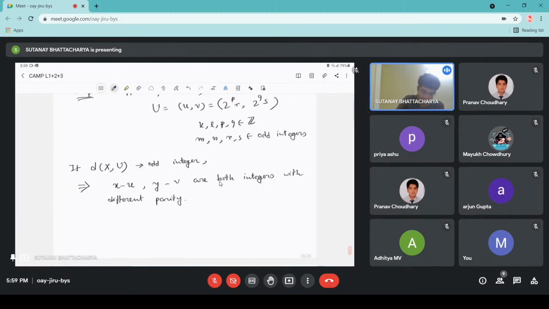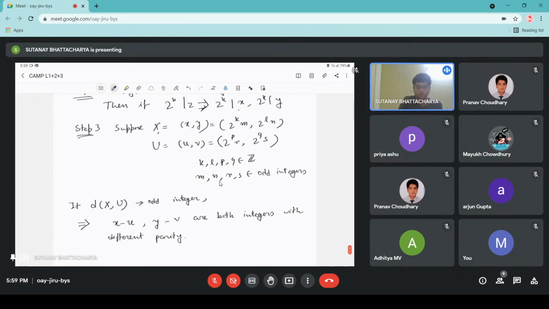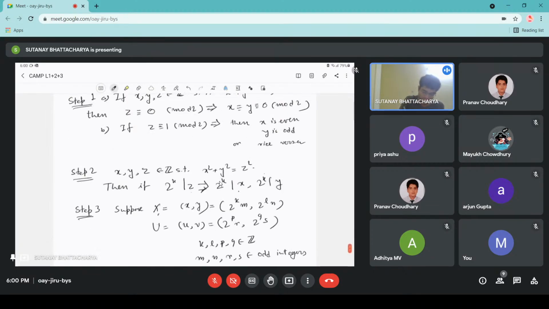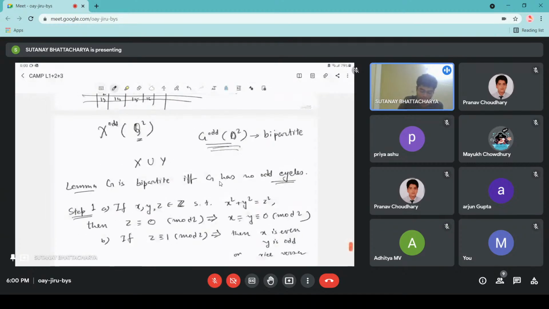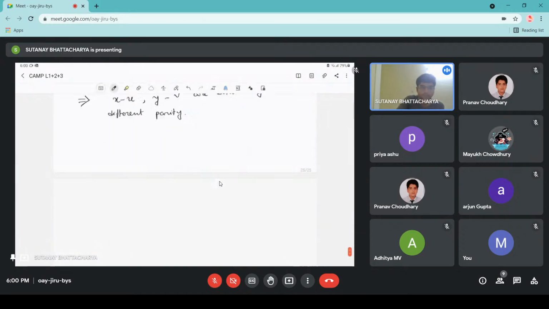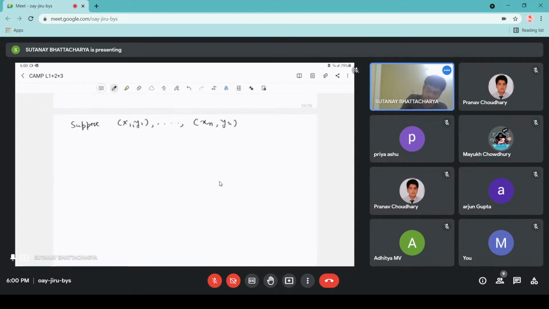Now comes the fun part. If you assume all of this, then we can easily prove that this odd distance graph for Q2 is bipartite. How? Suppose not. Suppose it does contain an odd cycle, (x1, y1) through (xn, yn), in Q2.